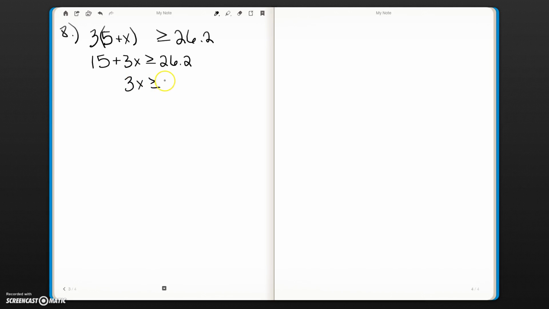Subtract 15 from both sides. And then divide by 3.